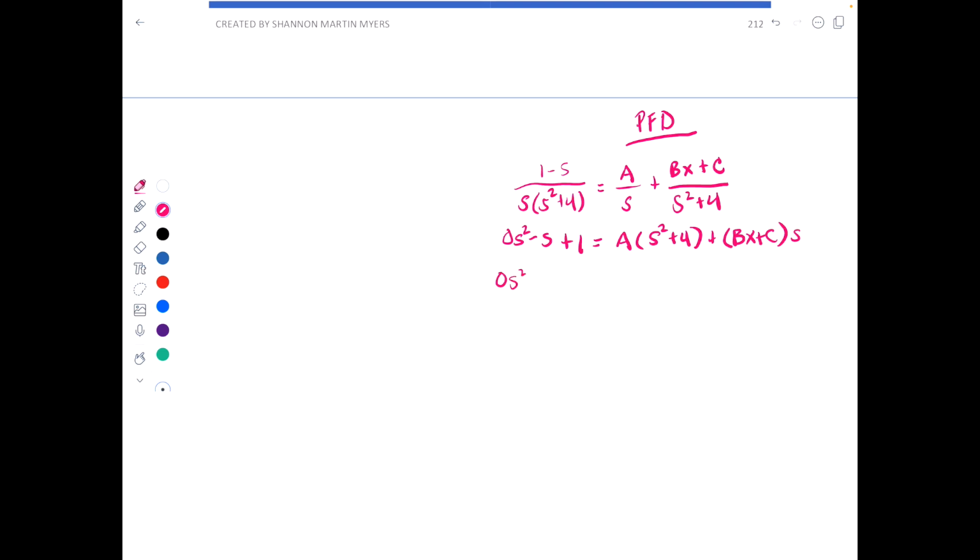So 0 s squared minus s plus 1 equals a s squared plus 4a plus, oh, I'm sorry, that should be bs plus c, my bad. We're using s's, not x's.